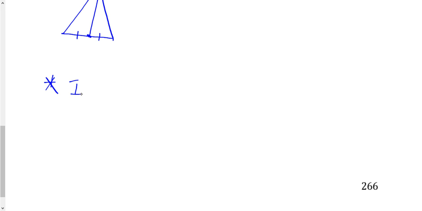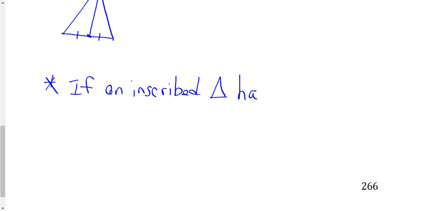So if an inscribed triangle, and inscribed, you know what that means already, has one side as a diameter, let's phrase it that way, has one side as a diameter of the circle it's inscribed in.